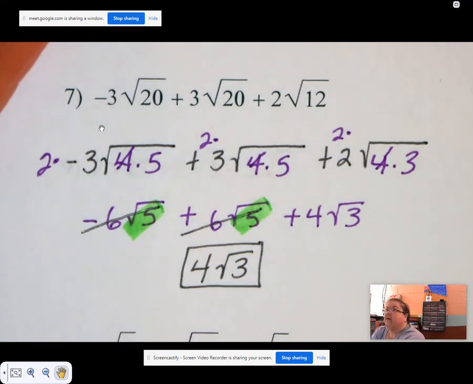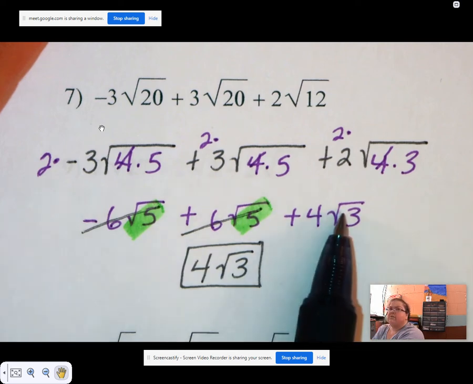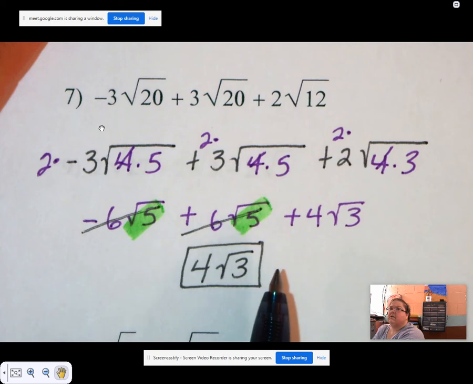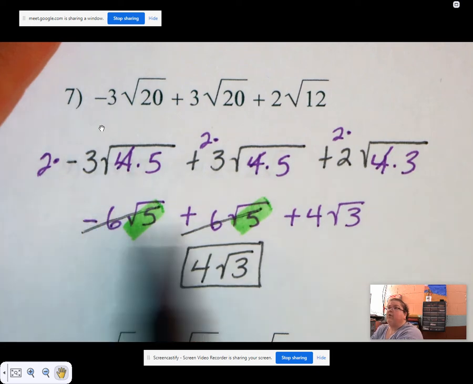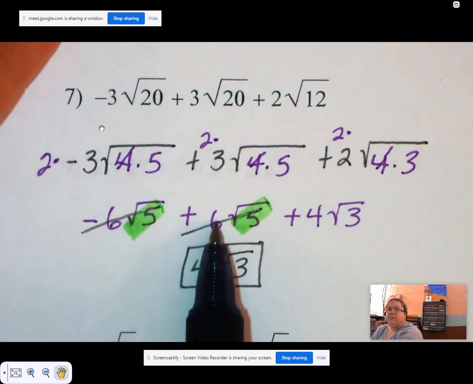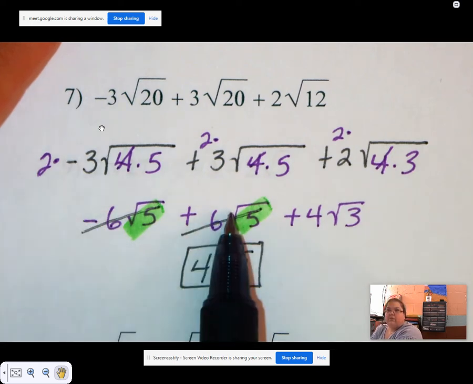How many of you got that correct? Tell me what went wrong. Keep in mind, if my coefficients make a 0, the whole thing is 0.